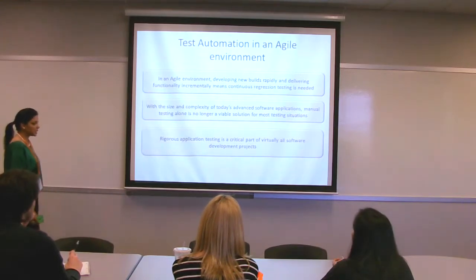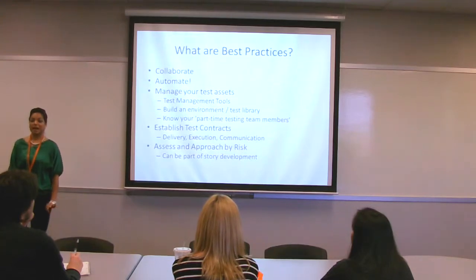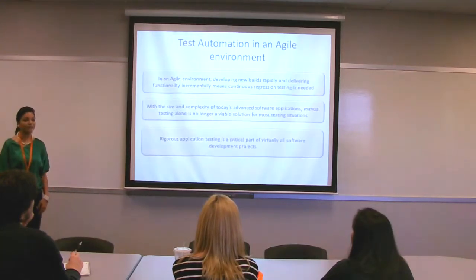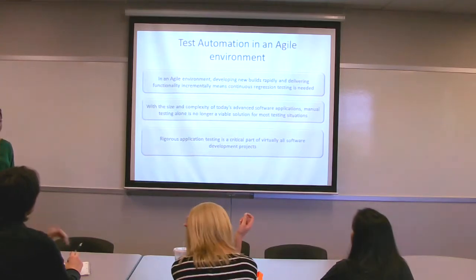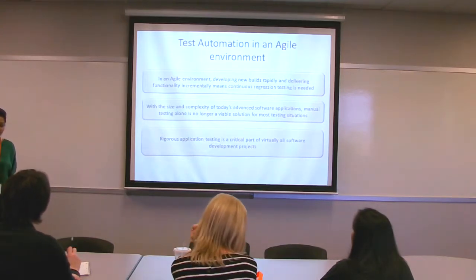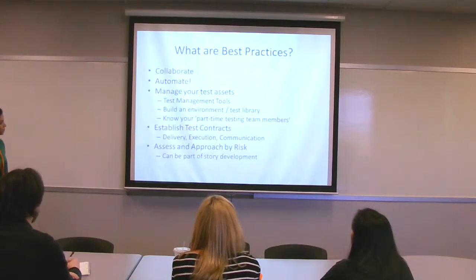Rigorous application testing is a critical part of virtually all software development. And what helps with this is automation. Automation is, I would say, the basis of testing in Agile. If we don't automate in Agile, especially when we come to the end of software development, we will not be able to test enough to provide value in time.